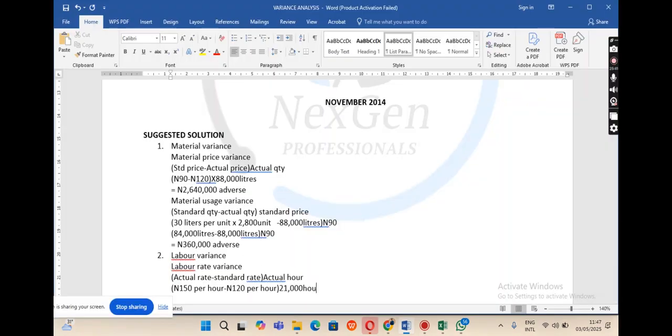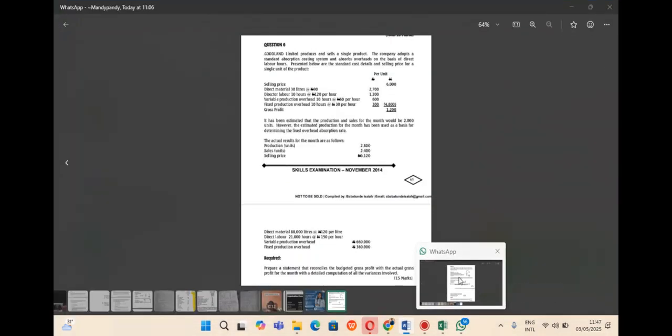Hours. Now, in case the actual hour is not given to you, how will you determine your actual labor hours? You'll be given the hours per unit, maybe 7 hours per unit.